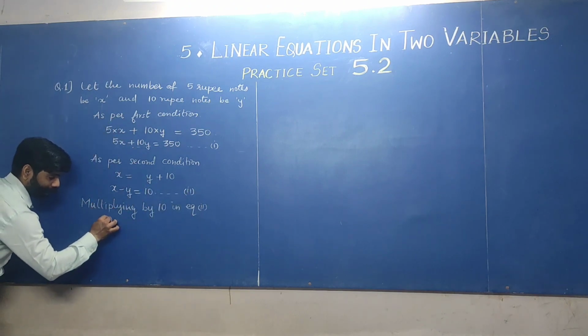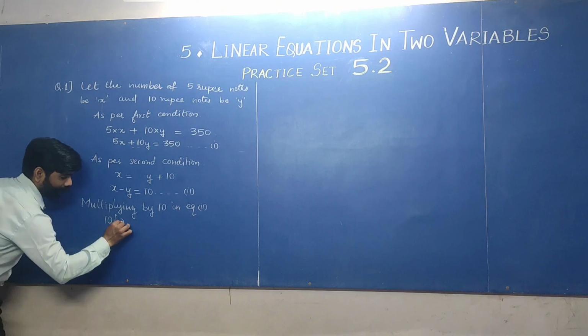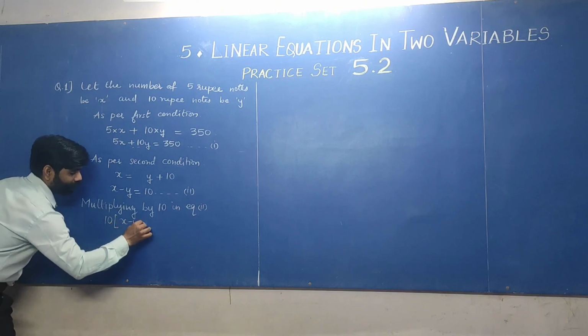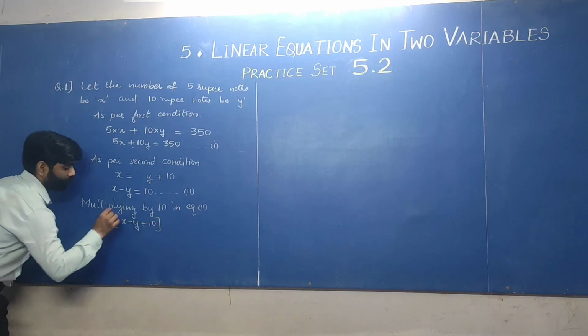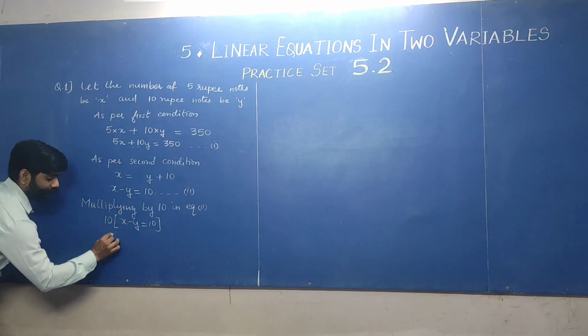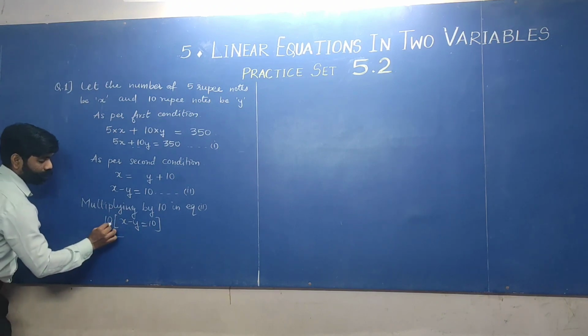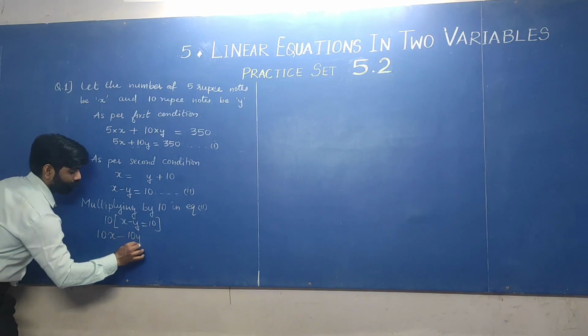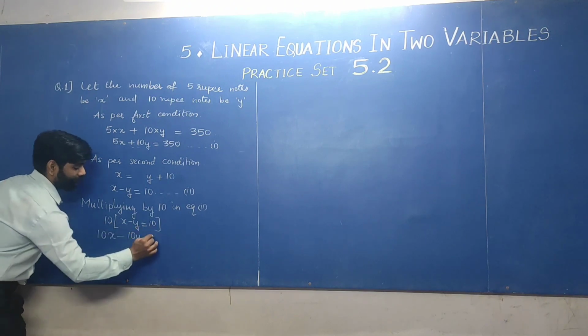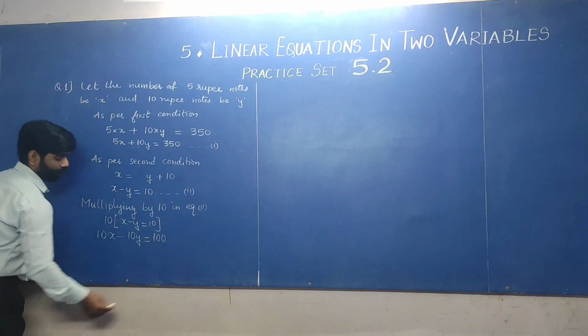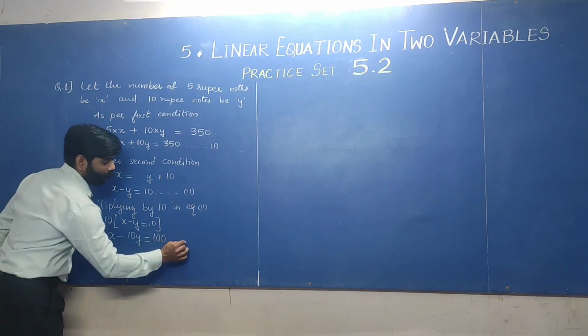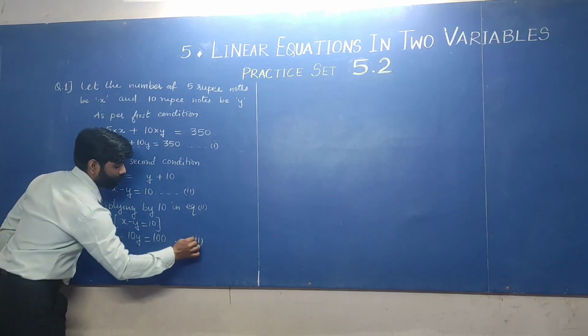So we are going to get 10 multiplied by X minus Y is equal to 10. 10 will go inside, it will become 10X minus 10Y is equal to 10 tens are 100. So this will be our equation number 3.